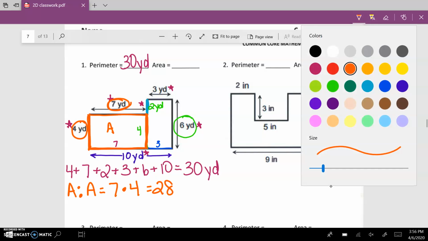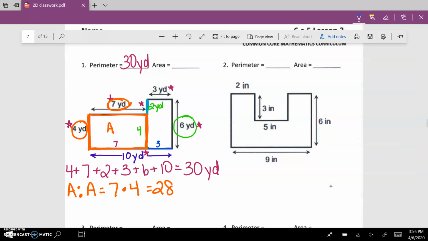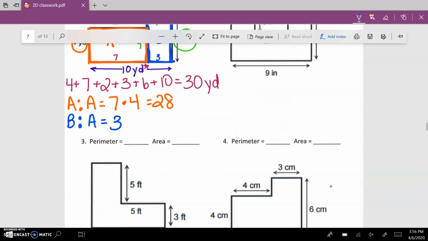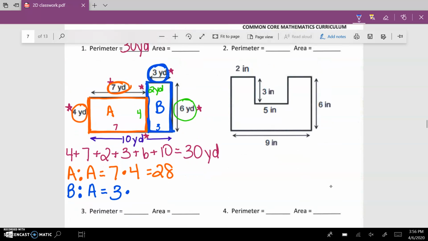Then I'm going to do shape B in blue over here, which would be the skinnier rectangle, which is already partially in blue. This is going to be shape B. To find the area of shape B, again, I need a length and a width. Going across the top, I know it's 3 yards, times going down, it is 6 yards.